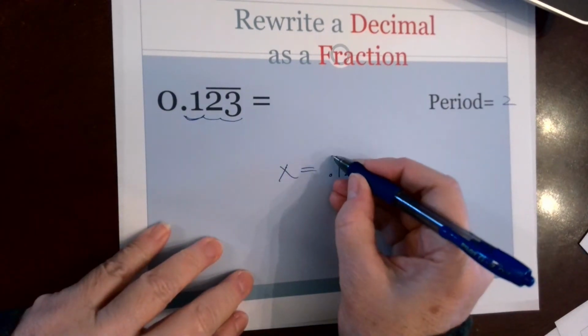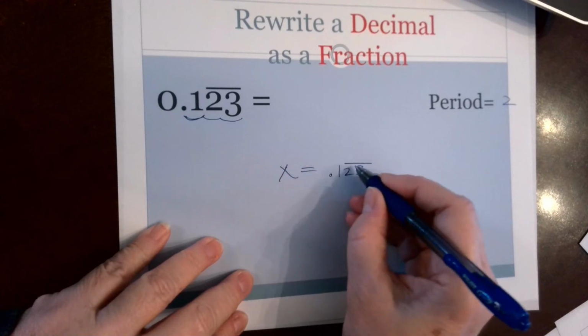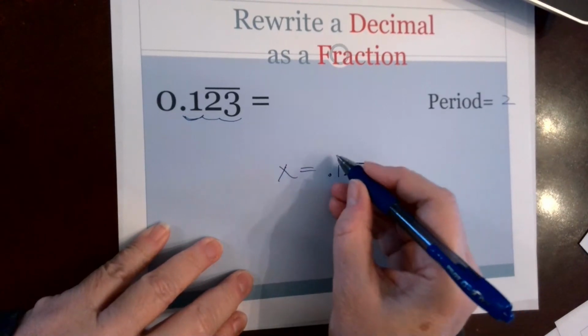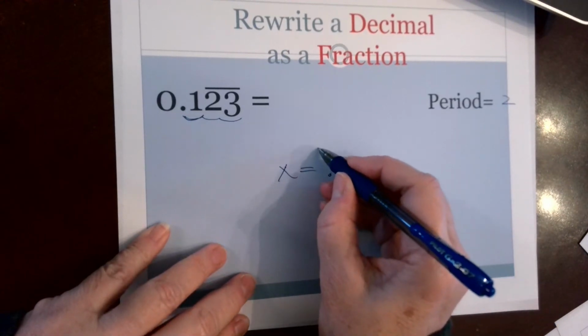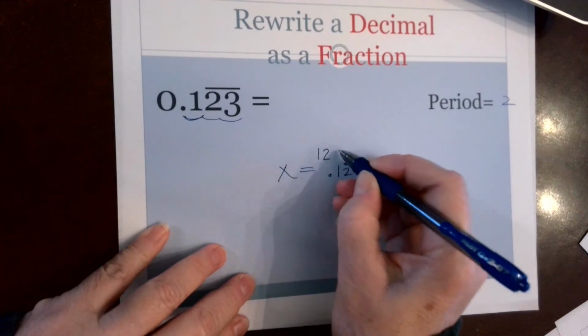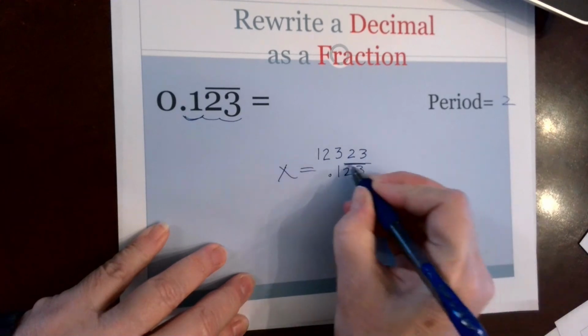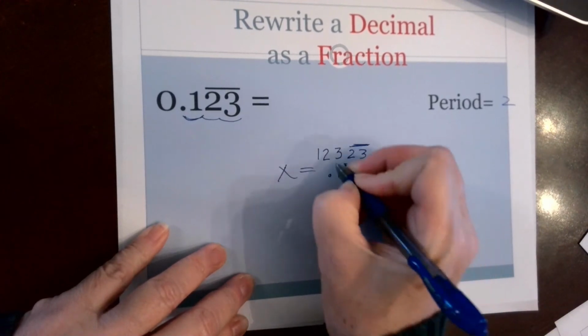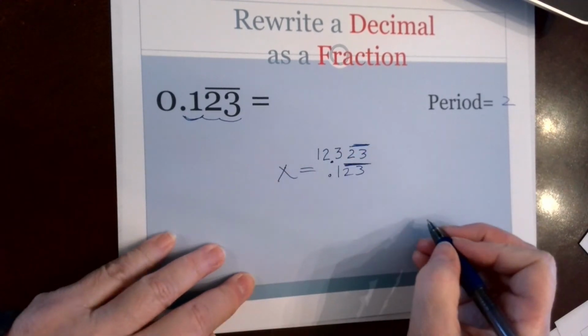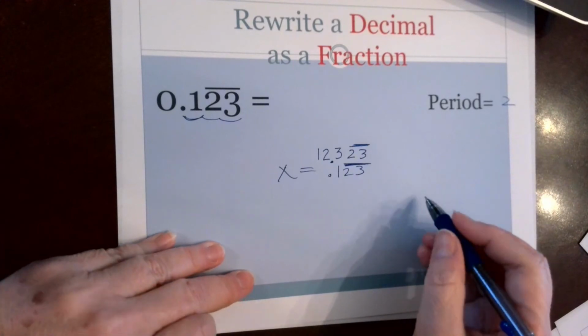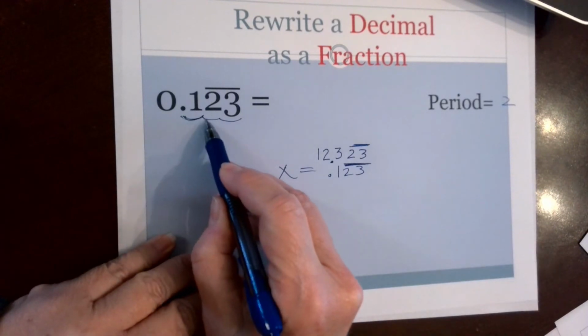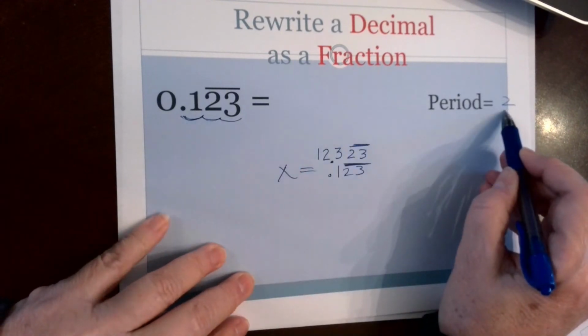I want to have only the 2, 3 repeats. So I want to have a 1, a 2, a 3, and then my 2 3s to match. So I'd like my decimal right there. I moved the decimal twice because it was a period 2.